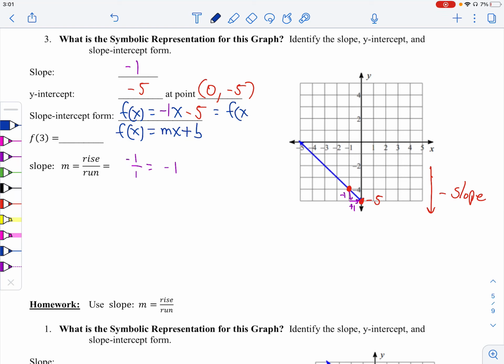So we don't actually need that 1 there. We could just write negative x minus 5, remember? Because there's no number, it's a 1. Negative 1x, same thing. So that's our function, simplified.